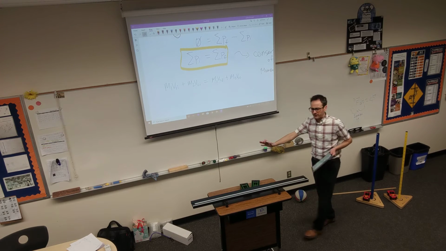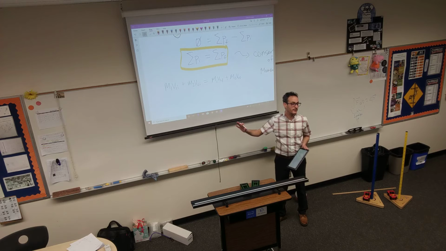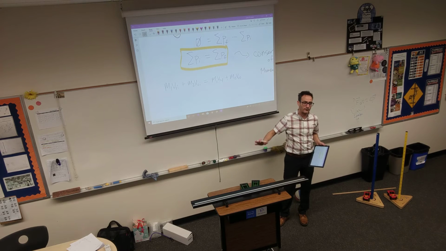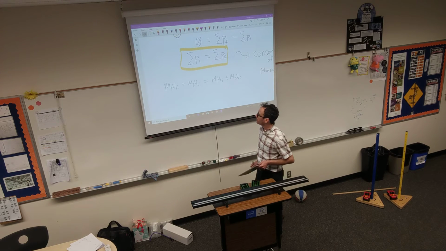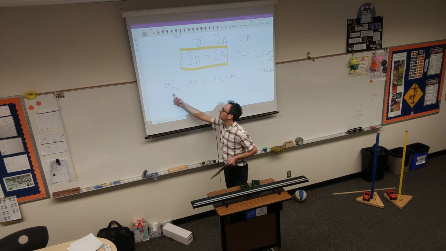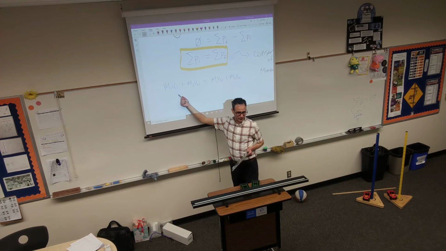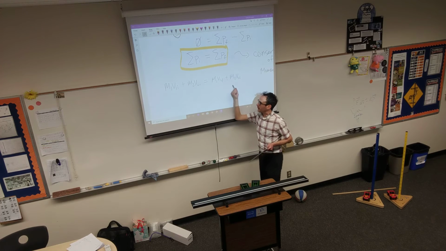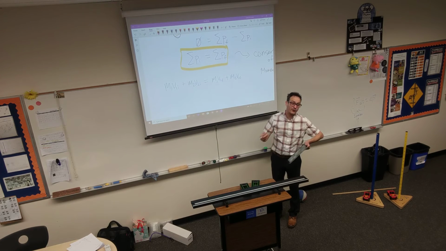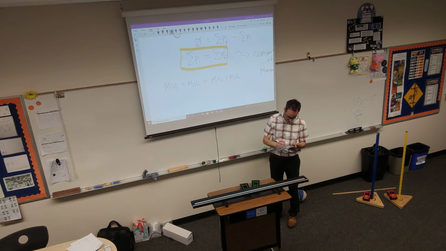Now, a bit of notation here. You're free to use this. This is totally legit. However you think works best, you go for it. It gets a little crowded after a while, right? You start writing sentences in the subscripts, because we have 2 objects and initial and final momenta.